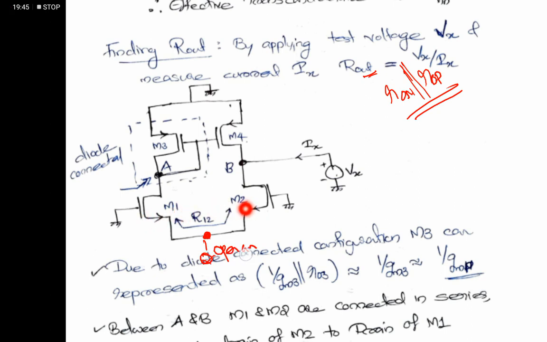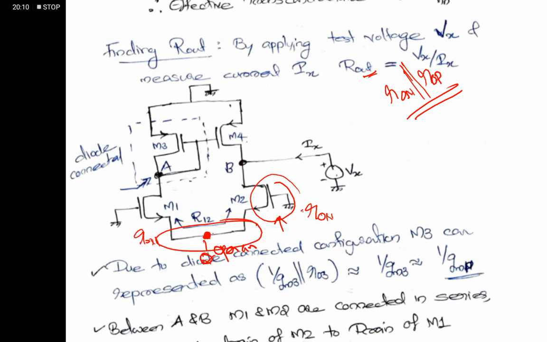In M1 and M2, the gate is grounded, and these have the same potentials. So we can replace this grounded gate with VGS equal to 0, or the input voltage is 0, and it will be replaced with its equivalent resistance R0N. So here this R0N is parallel to this R0N.